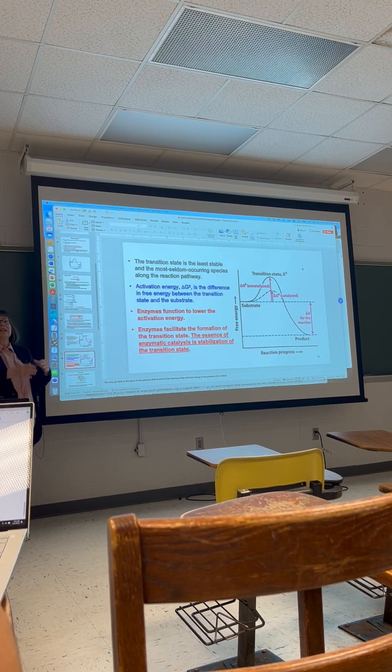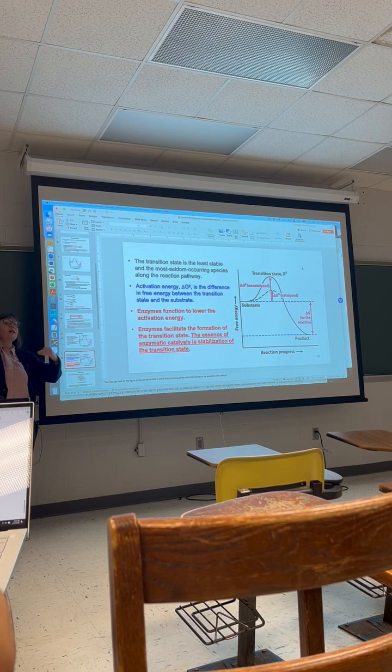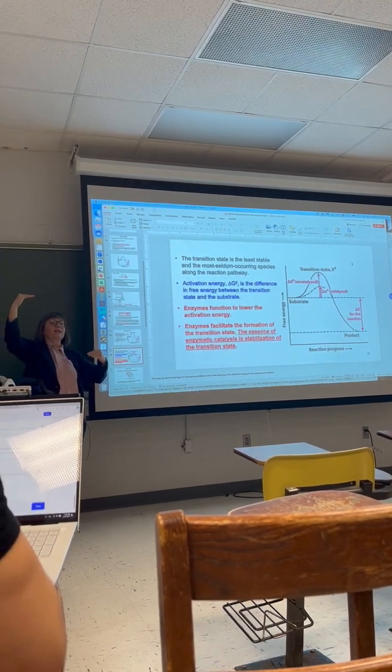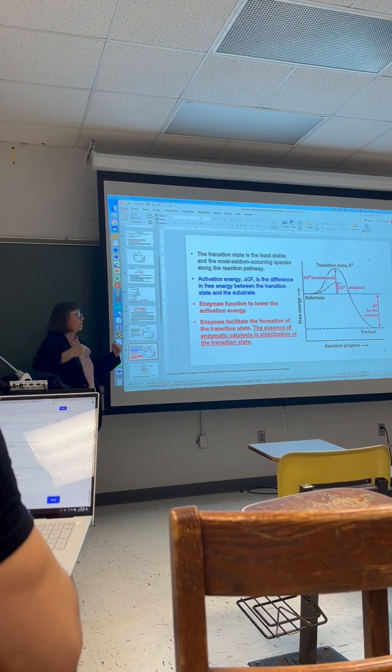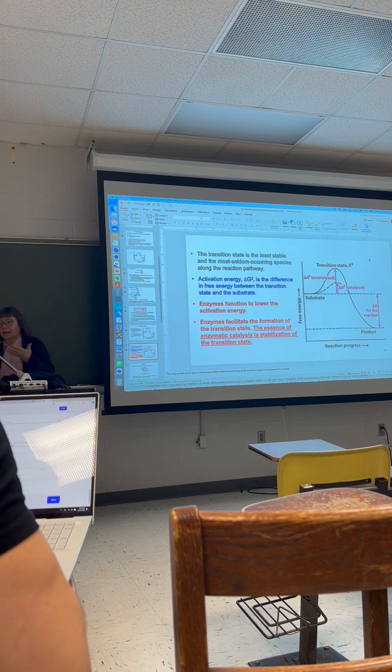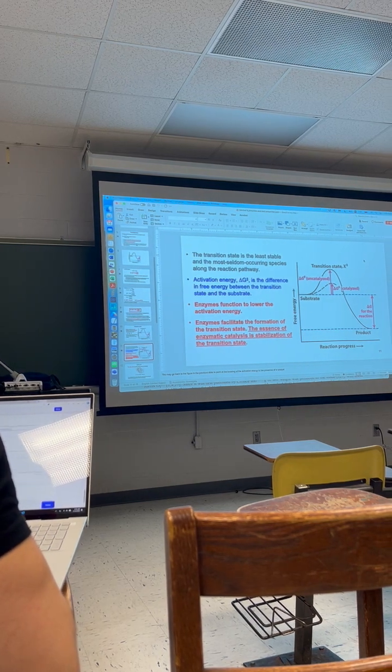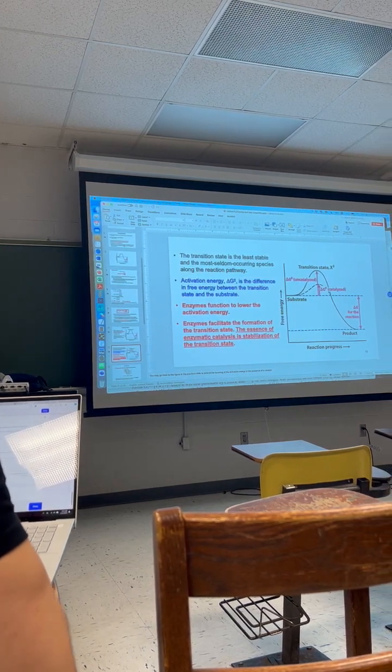No, because like we said, enzymes do not change thermodynamics. If the energy of the substrate is here and the product is here, it will remain so even in the presence of an enzyme. Enzymes only speed up the reactions that would occur anyway. Okay, so like shown here.